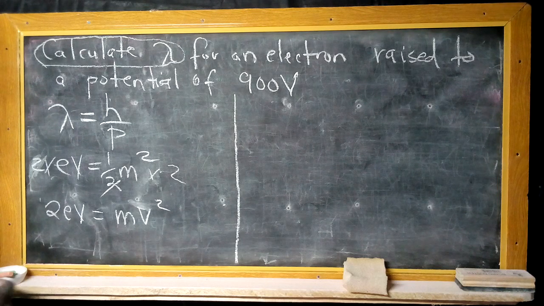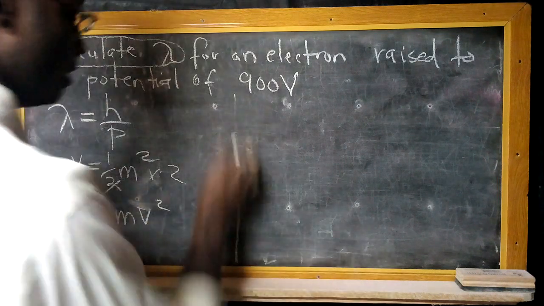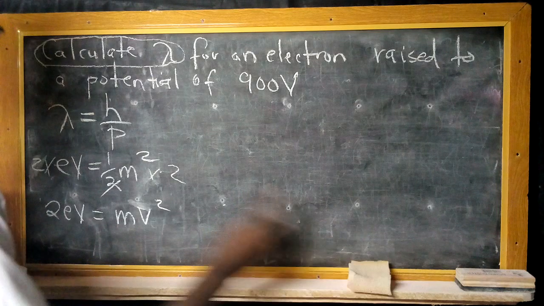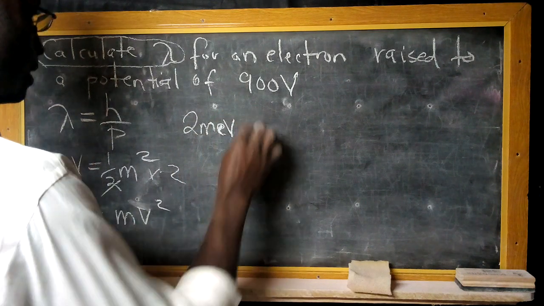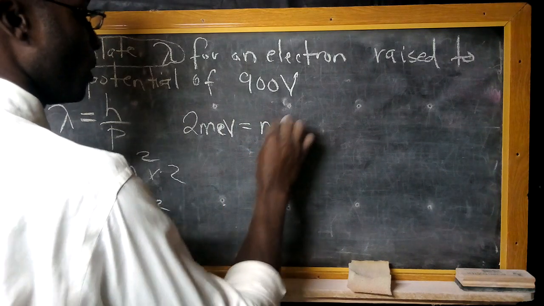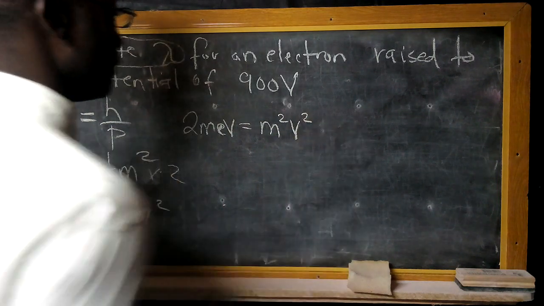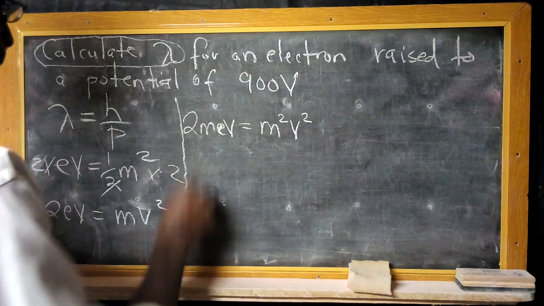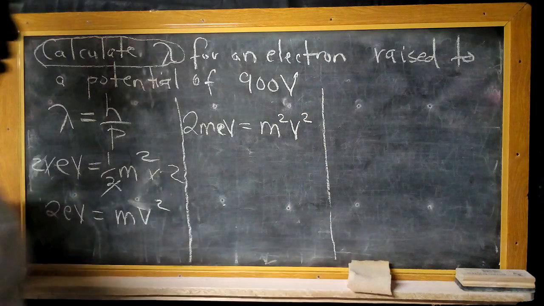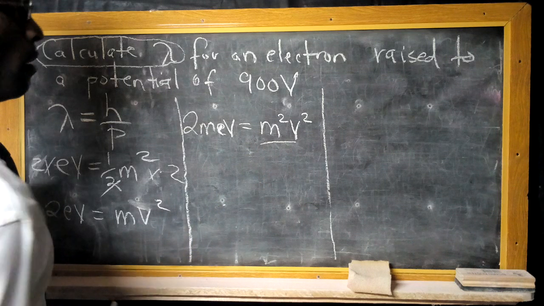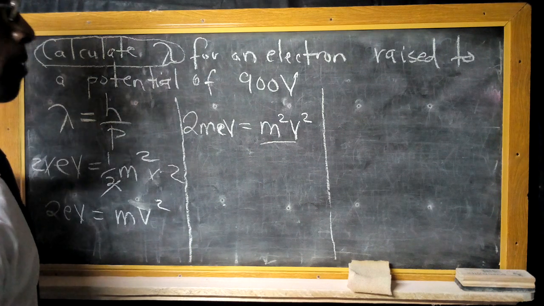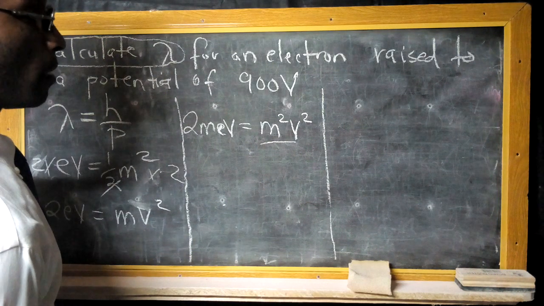Then we can multiply both sides by m and see which equation we come up with. We shall have 2meV equals m squared v squared. From classical mechanics, we know that momentum can be represented as the product of mass times velocity.